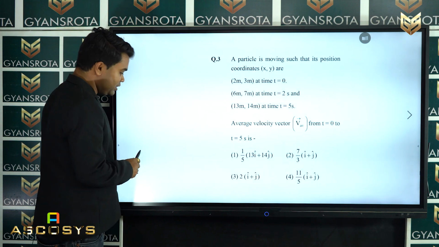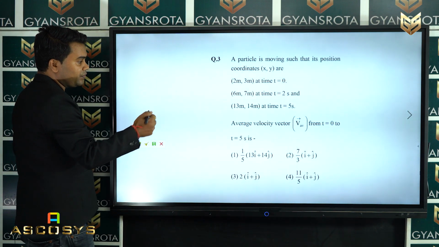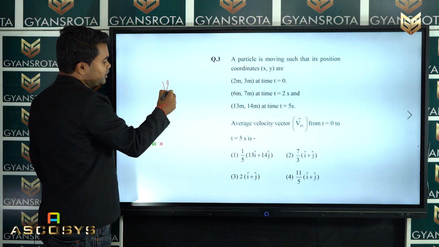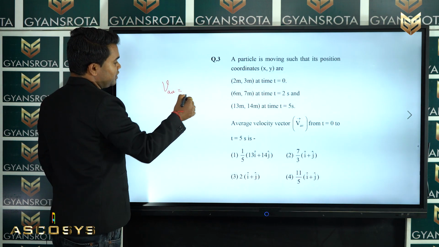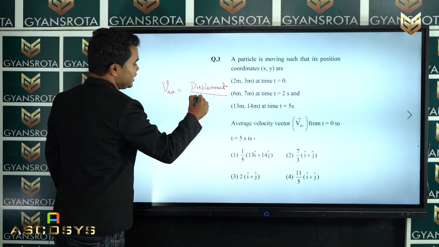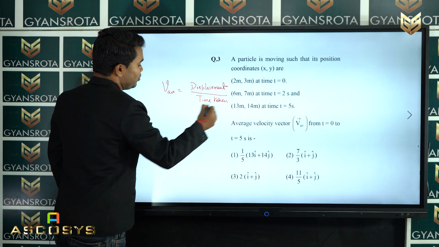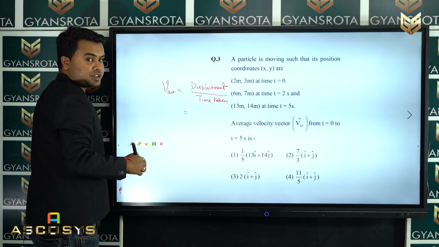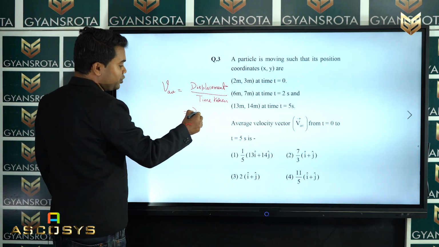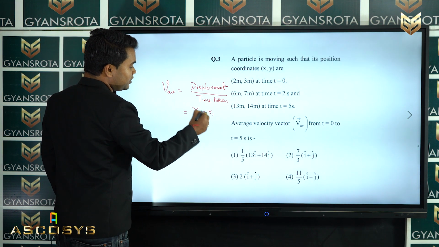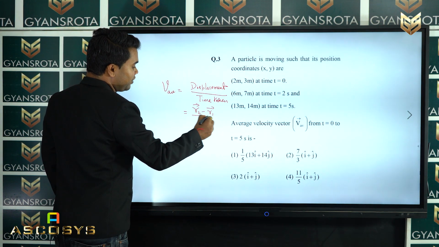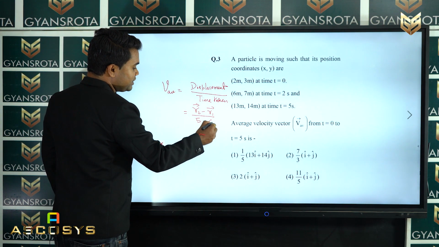So you can take the formula of average velocity, which is displacement by time taken. Now how much is the displacement? The rate of change of position. Final position r2 let us take, and then r1, divided by final time is 5 second, initial time is 0 second.